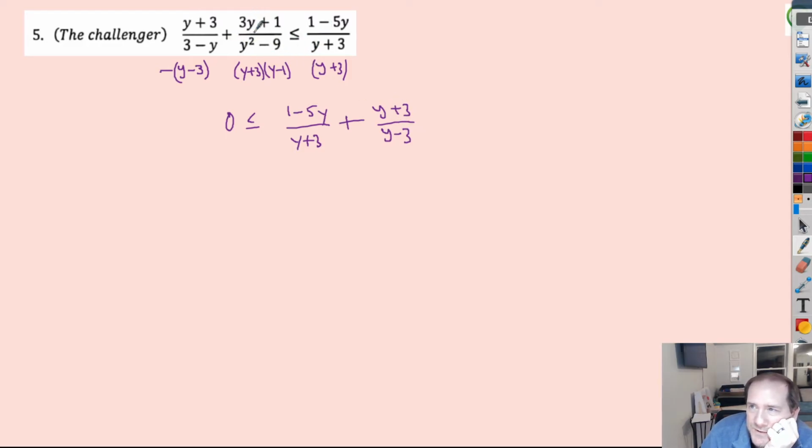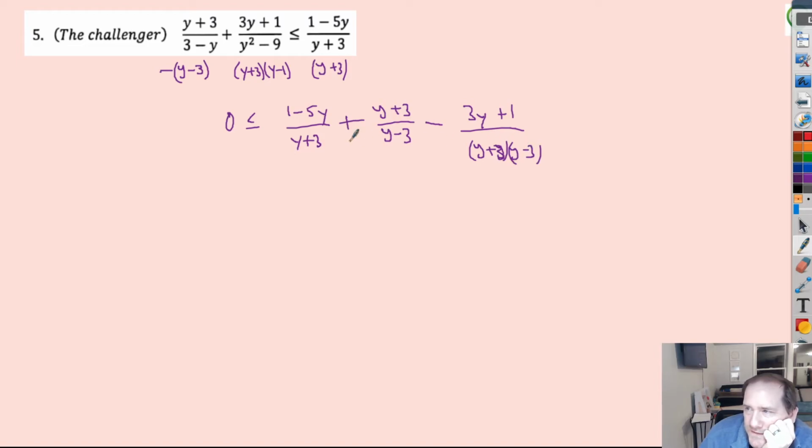But this one who's positive, we got to subtract that. So we do get a minus sign. We get 3y plus 1 over y plus 3, y minus 3. So then from here, what would you do?